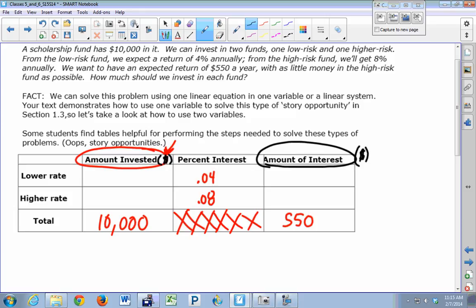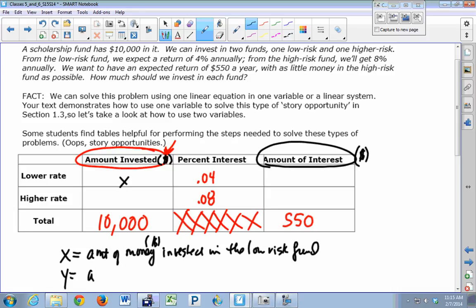So whether you create a table or you write out everything, if you don't have a table, then you want to do something like this. If you write an X there, and you're not using a table, you want to say X is the amount of money invested, dollars after that, in the low risk fund.